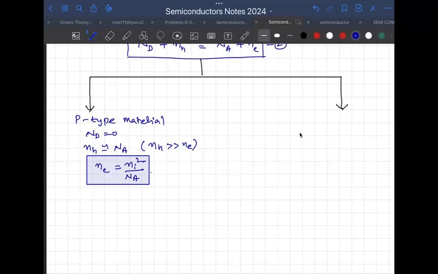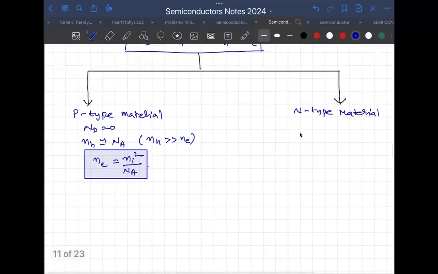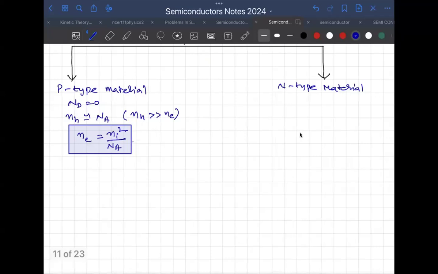Now, on the other hand, in N-type material, N-type means donors. There is no acceptor, so NA is almost 0. Now ND plus NH is equal to Ne. The equation will change.